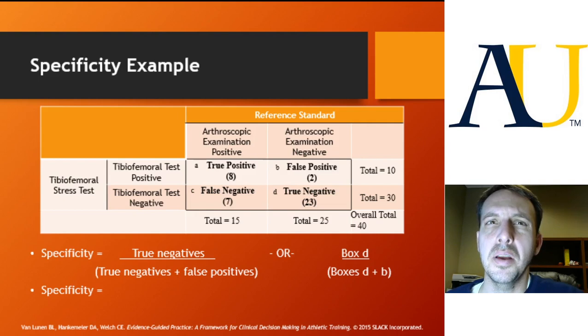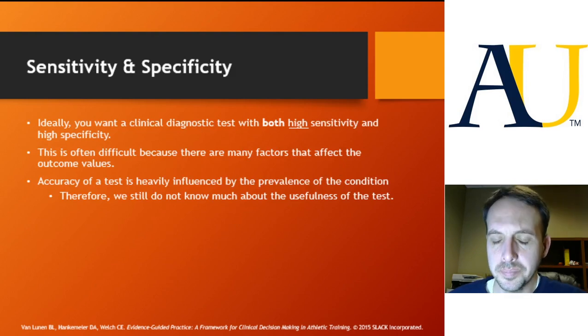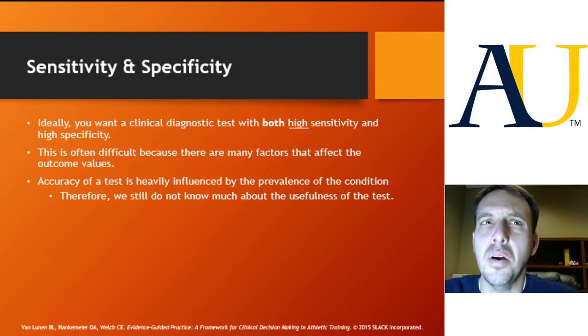How confident we are that the test will get people with the condition or without the condition in the appropriate classification. But even then, we're still in this idea of percent accuracy. We're going to continue to move beyond that to look at more and more accuracy measures.